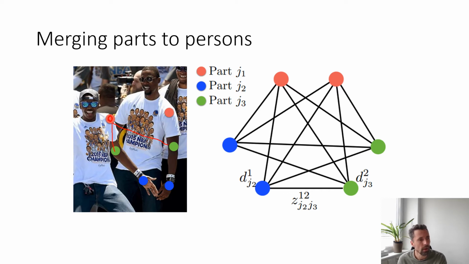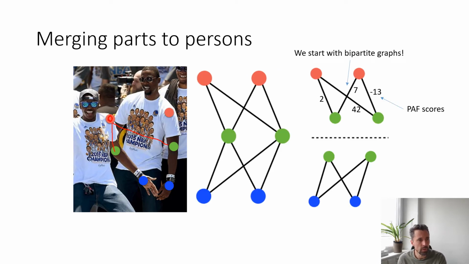It does so by going through an elbow. So what we first have to do is match this bipartite graph, right? We have all the shoulders here, and all the elbows here, and we score those links with something called PAF scores. PAF is the part affinity field again, and scores are computed like on the next slide.